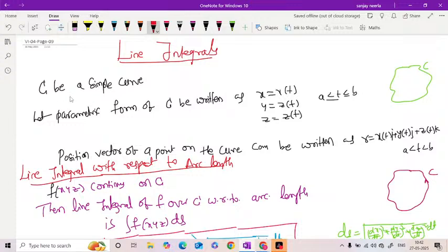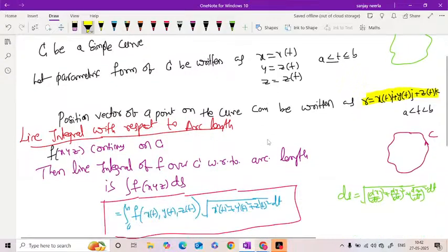Now here C be a simple curve, and the parametric form of the curve is x is equal to a function of t, y is equal to a function of t, and z is equal to a function of t, and t is in between a to b, and I am assuming here the position vector is r. Now r is equal to xi plus yj plus zk, and x, y, z are functions of t. That means we are taking these functions in t, that means the parametric form of the curve.